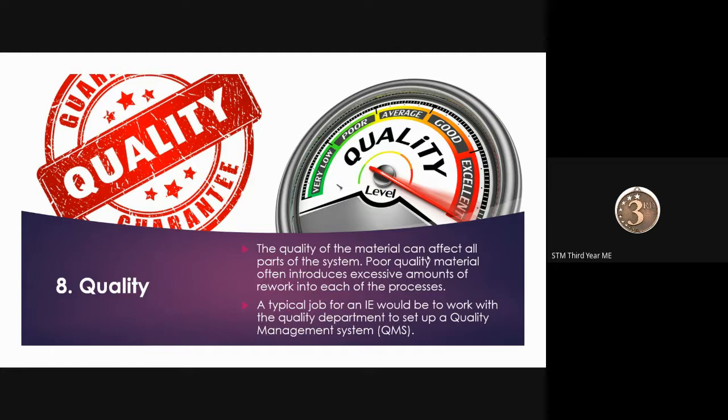So different types of ISO logos are present, and it states what level of quality that product is. Sometimes you can see a star itself. If you look at the plastic water bottles, right?